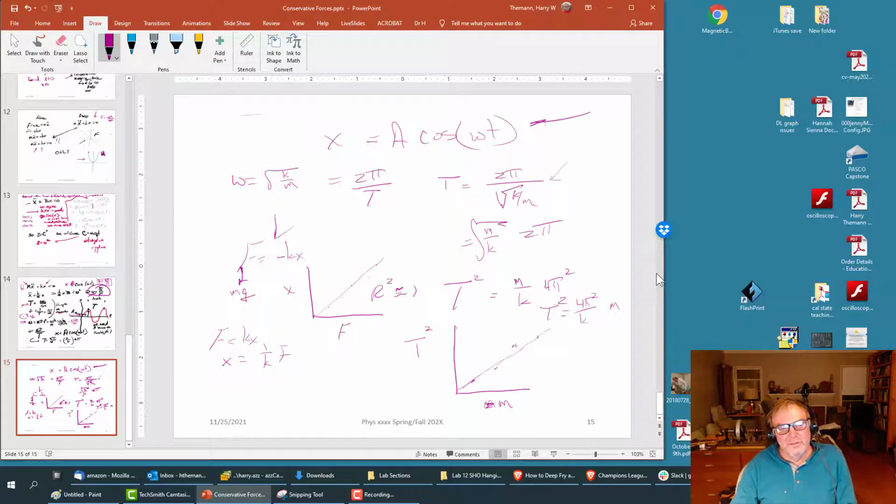And I should notice that this slope is 4 pi squared over k. Well, I don't notice it, my equation tells me that. So if the slope equals 4 pi squared over k, I can invert that once again, and 4 pi squared over that slope, the number we get should equal k.